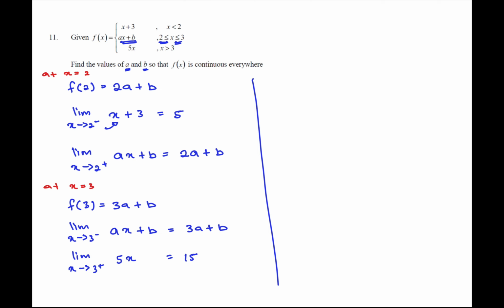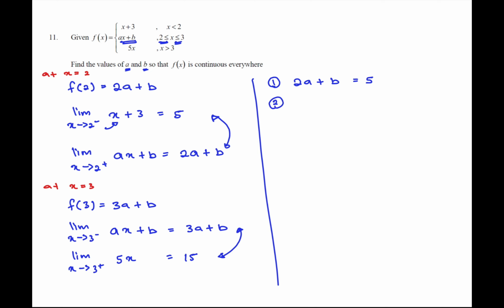To solve this one, we know that we need two equations, where left equals right. So the first equation: 2a plus b equal to 5, because it is continuous, the limit from the left equals the limit from the right. And this one also, the same thing, must be equal.